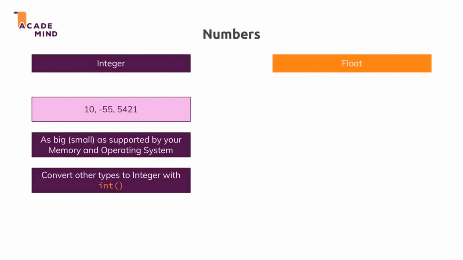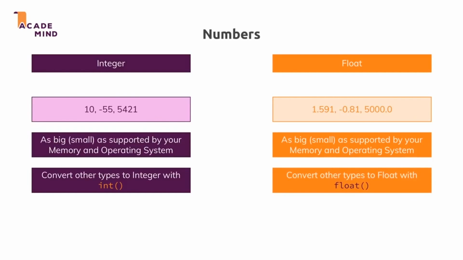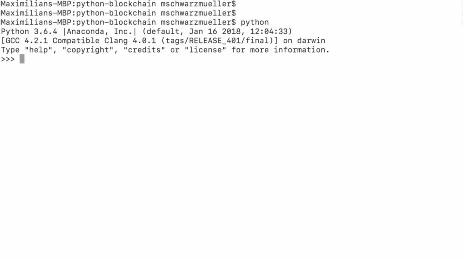For floats, we also got some examples here. It's also important to know that your memory and operating system is the limiting factor when it comes to the size, or the biggest number or the smallest number you can store. And just as with int, you got the float function to convert other types to float. Here's another example. Let's say age is 29 as a string again.